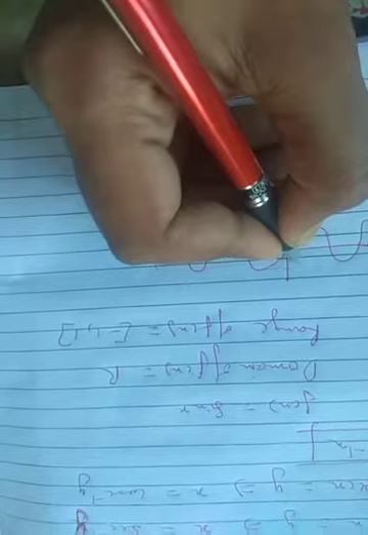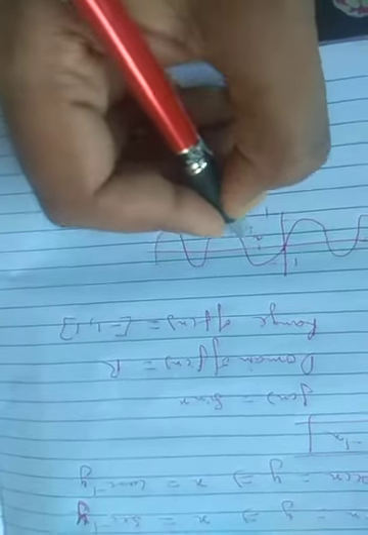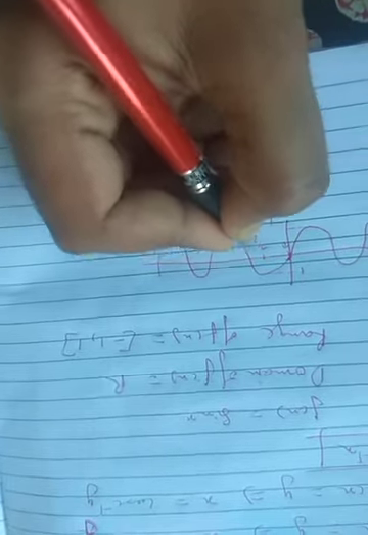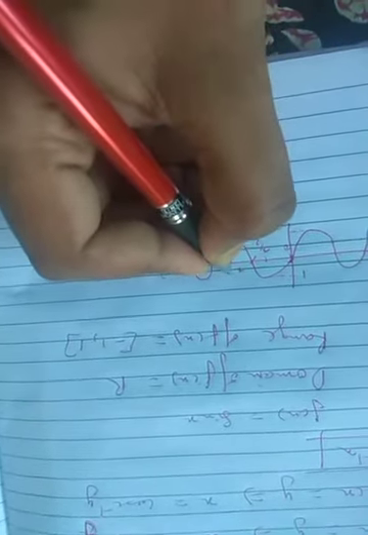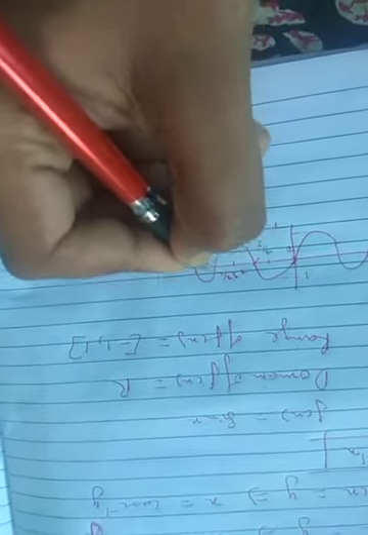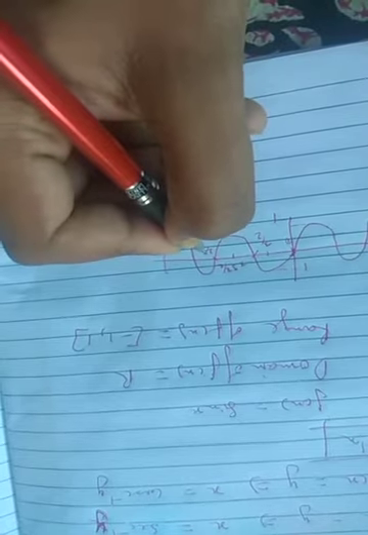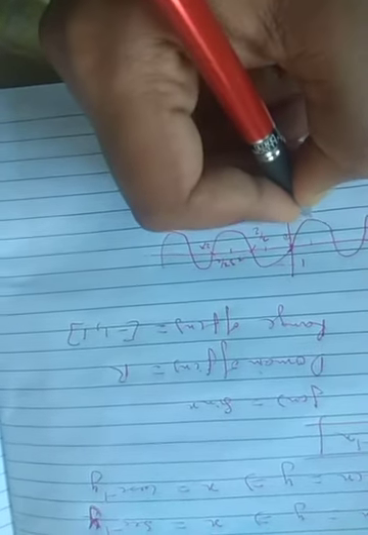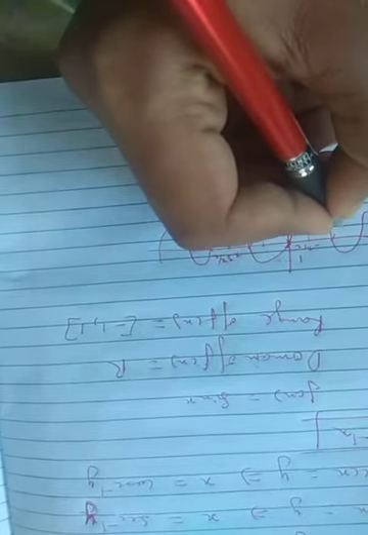This is the most appropriate value 1, and this is the negative value -1, and here it is 0, here it is pi, here it is 3 pi by 2, here it is 2 pi. Similarly on the negative side, here it is minus pi by 2, here it is minus pi.